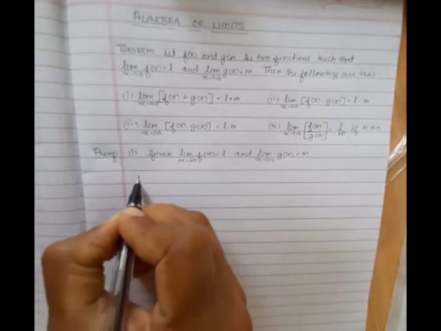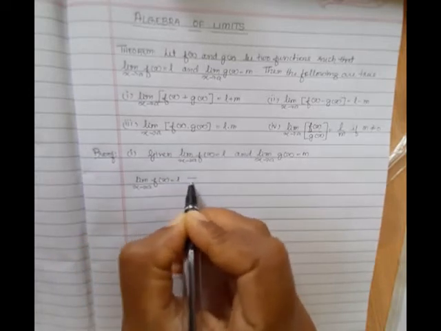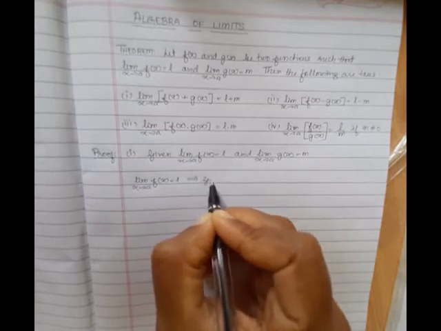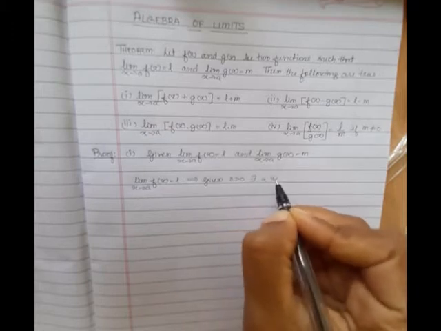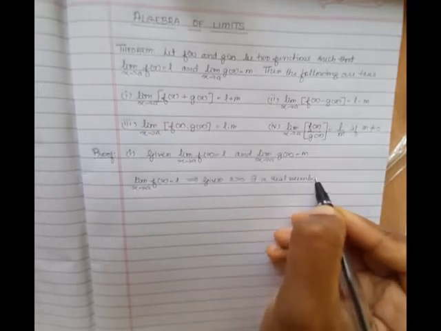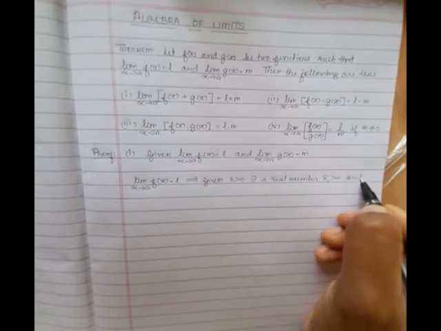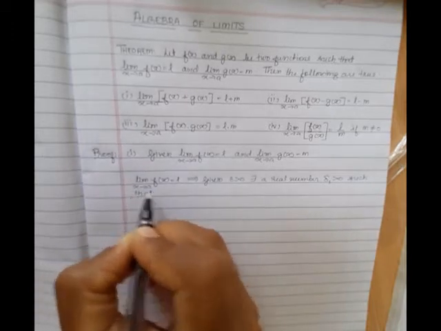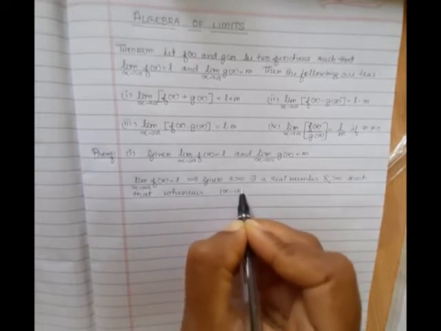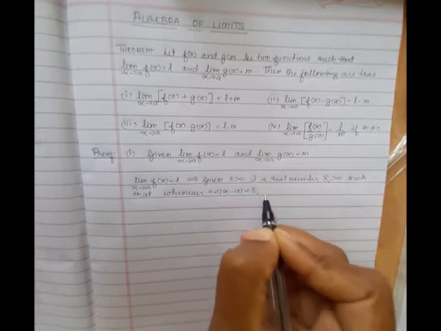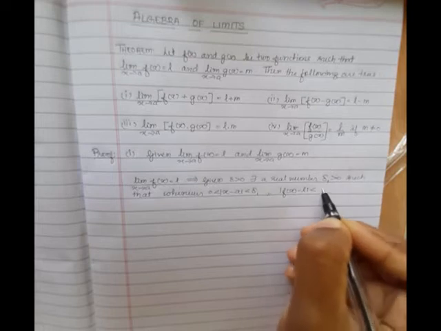I will take the first given, limit x tending to a, f of x is equal to L. By definition, it says that given epsilon greater than 0, there exists a real number delta 1 greater than 0 such that whenever modulus of x minus a is greater than 0 and less than delta 1, we have modulus of f of x minus L is less than epsilon.